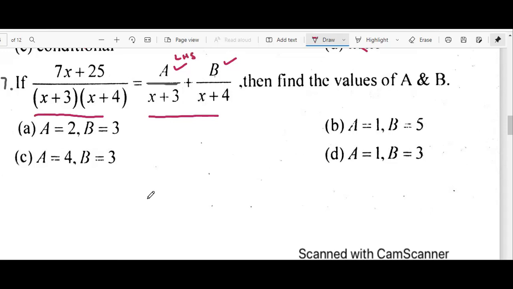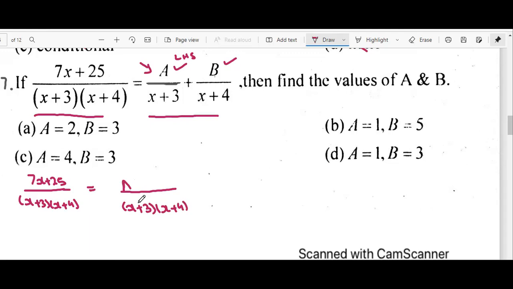Let's just do that. We have 7x plus 25 divided by x plus 3 into x plus 4. This is equal to this. So as I said, we'll be taking LCM. When we take LCM, the denominators would be same. So we have x plus 3 and x plus 4. And the numerator, obviously, when we take LCM, we have to multiply x plus 4 with this factor to get this denominator.